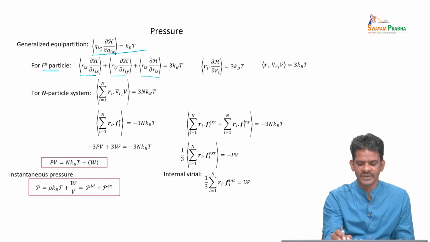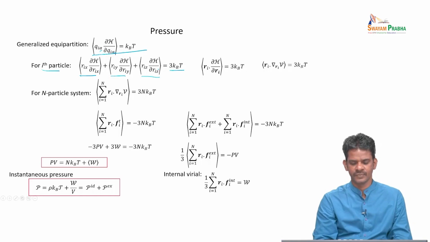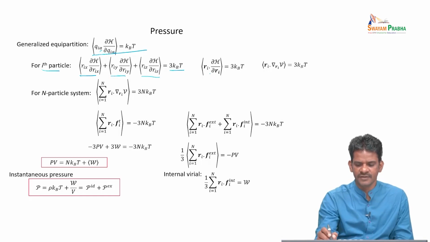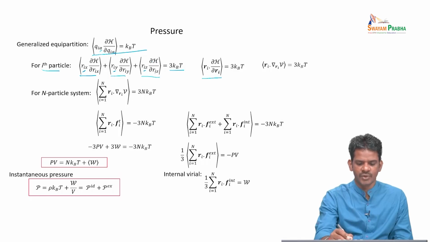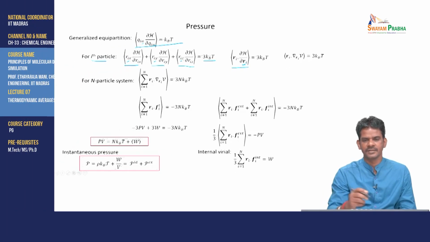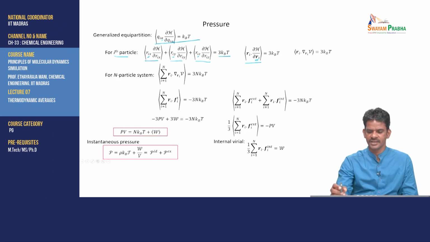When you sum them, you will get 3 times kBT because each one of them contributes 1 kBT. Now this 3 can be written in a vectorial form as Ri dot dou H by dou Ri, where this bold faced R is the vectorial form, whereas these ones are in component form. And this dou H by dou Ri is also written accordingly, and that is equal to 3 kBT.